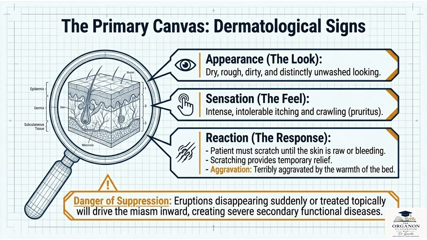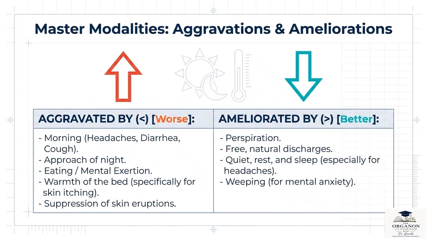Okay, so danger of suppression, as we all know, eruptions disappearing suddenly or treated topically will drive the miasm inward, creating severe secondary functional diseases. Master modalities, aggravation and ameliorations.